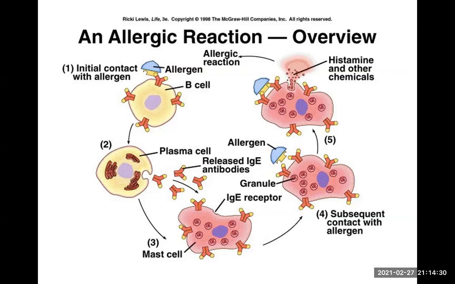The second time you have a runny nose and itchy eyes. The third time you have a runny nose, itchy eyes, and your nose starts to get kind of plugged up. With further and further exposures, the worse your allergic response is going to be because your body is perceiving it as fatal.